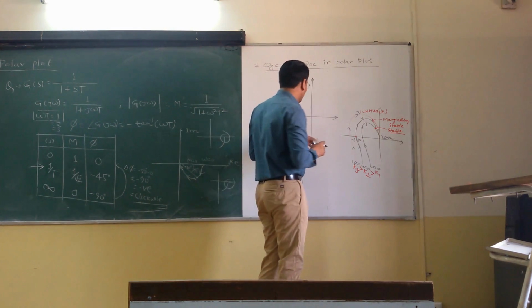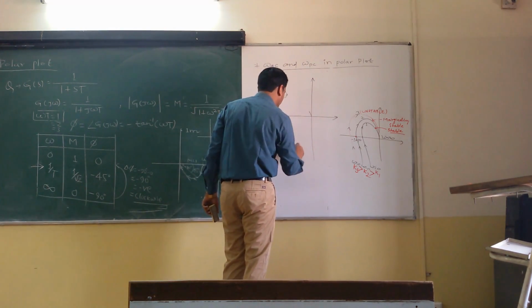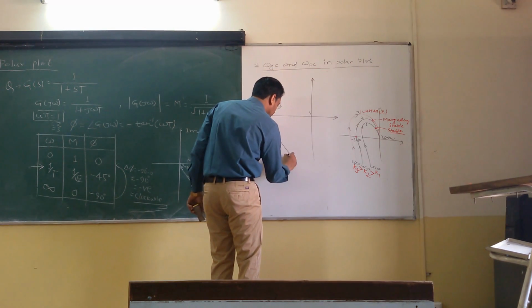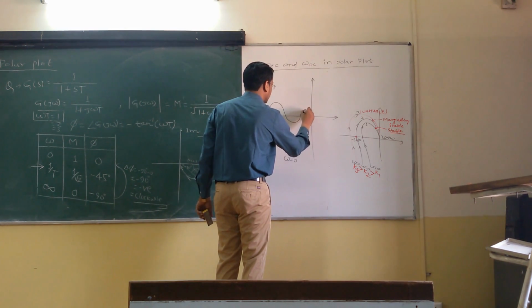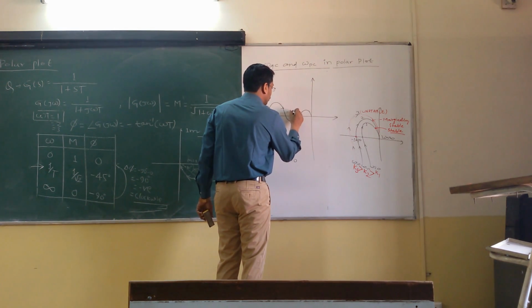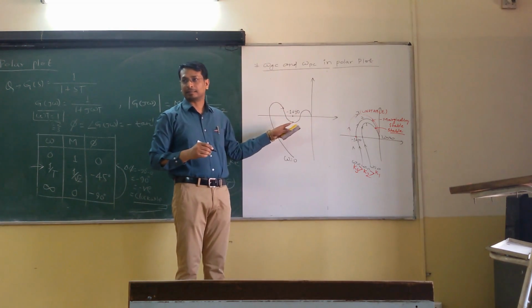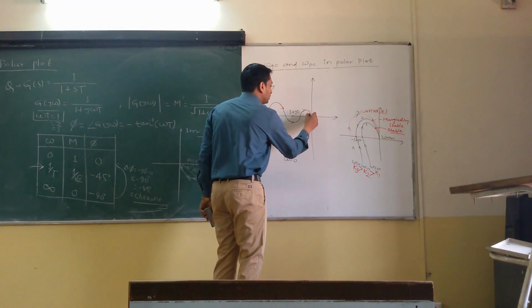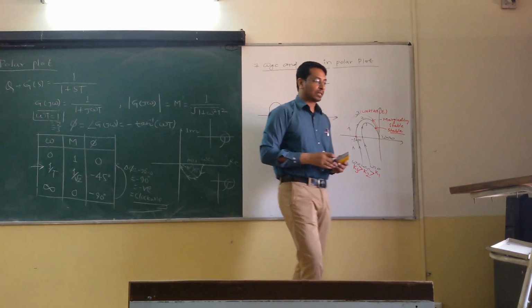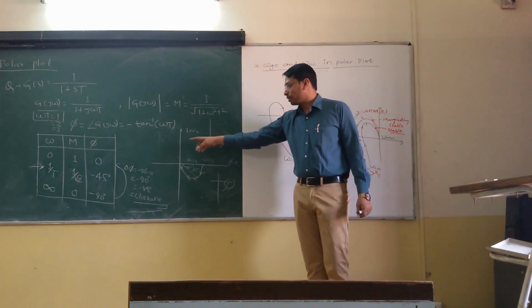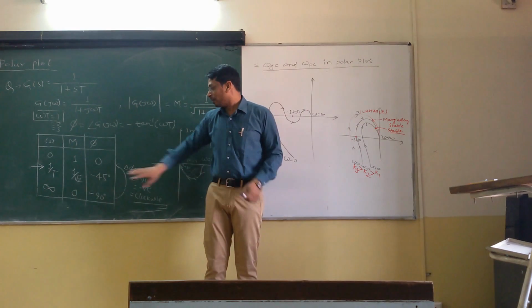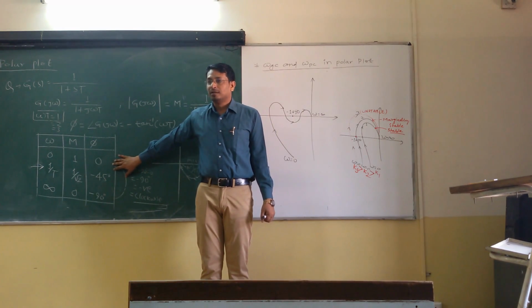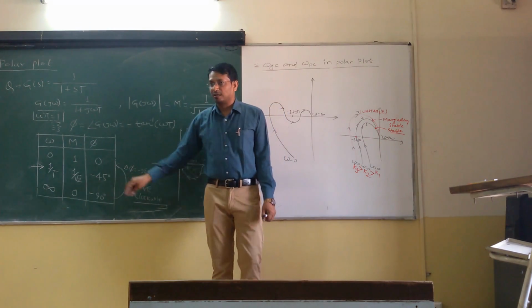You start from omega equal to 0, moving like this, and once again moving like this, and you find the -1 plus j0 point is somewhere here. In the cases where we have been asked to plot the polar plot with the help of this 2-point convention, we will not get a curve like this, but of course this case will be simpler where the analysis will be relatively easy. That's why I have taken the 2-point convention to plot the polar curve.